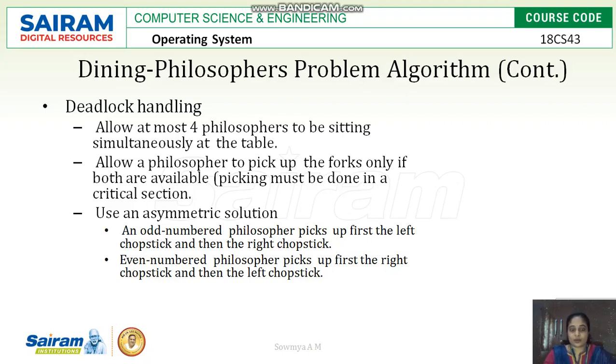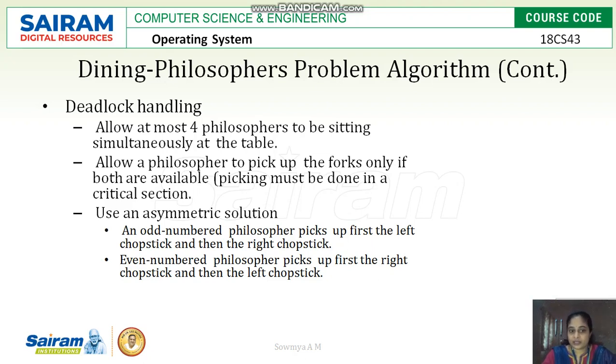If the philosopher wants to eat, he has to check whether both the chopsticks are available. Picking must be done in a critical section. So now the chopsticks become our critical section problem. If one philosopher needs to eat, he has to see that the chopsticks on both sides are available.